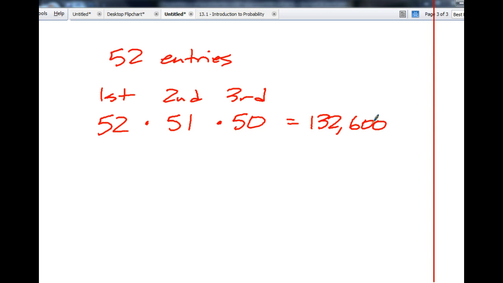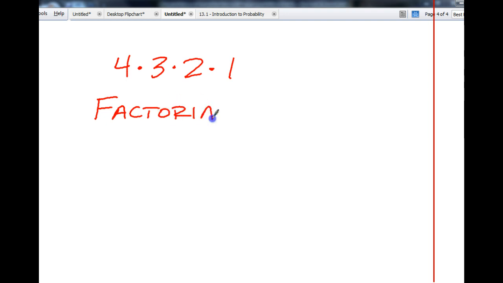So one quick thing, I want to go back to that amusement park problem where the 4 people are standing in line, right? And you're arranging all of them, right? When we had 4 times 3 times 2 times 1. Now, anytime you see this where you're using all of your choices and you multiply each number, so you start at the total and multiply by each one all the way down until you get to 1, this is what is called a factorial.